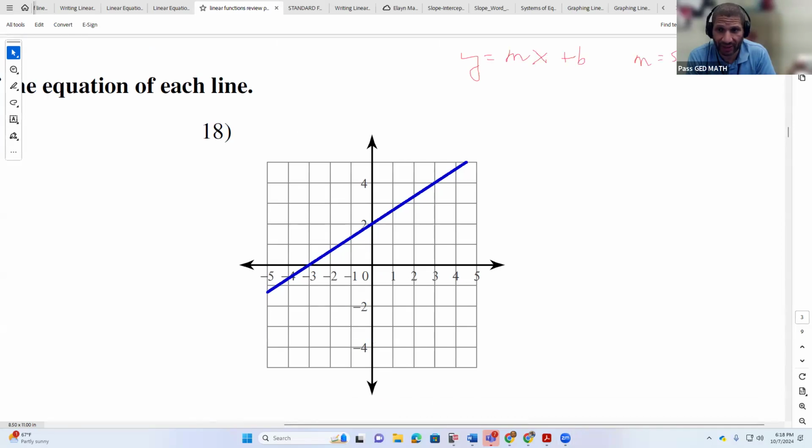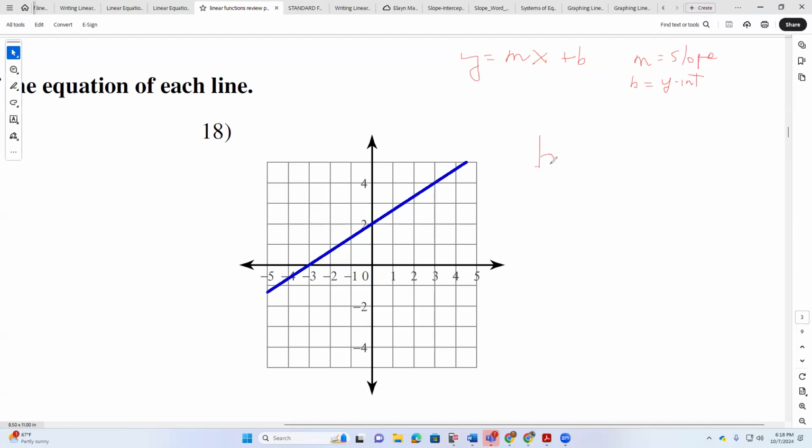Every time you're doing a linear equation with a graph, you should be saying the same thing. So I need to find two things: my slope and my y-intercept. Can I tell from this graph what my y-intercept is? Yes. What is it? Positive 2.